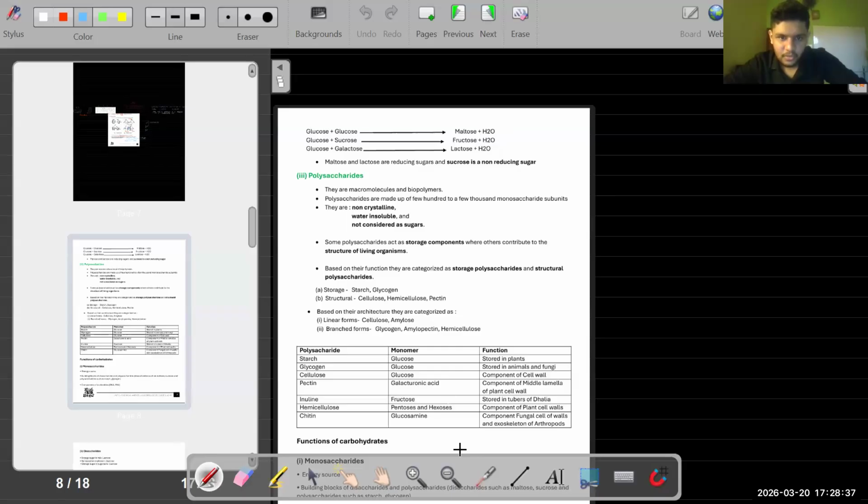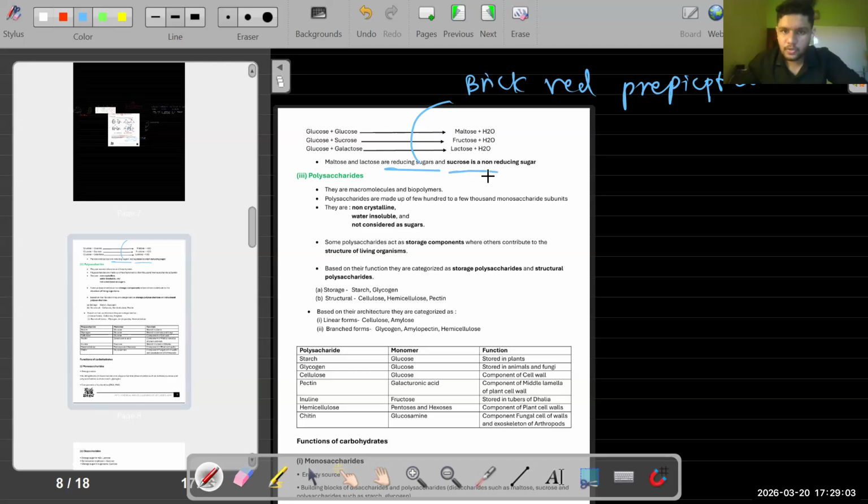Maltose and lactose are reducing sugars and sucrose is a non-reducing sugar. Now you're familiar with the word reducing sugar, which means maltose and lactose show brick red precipitation, while sucrose shows no precipitation with Benedict solution.